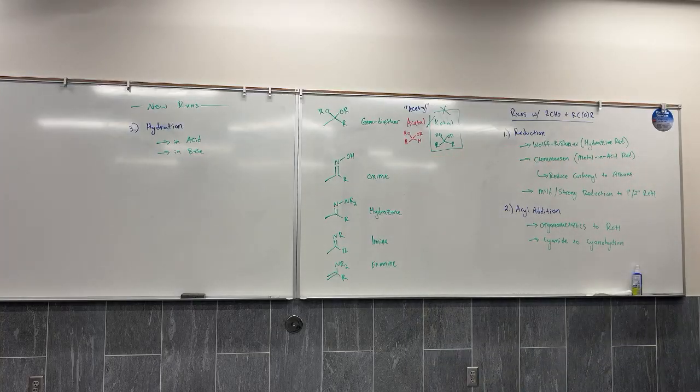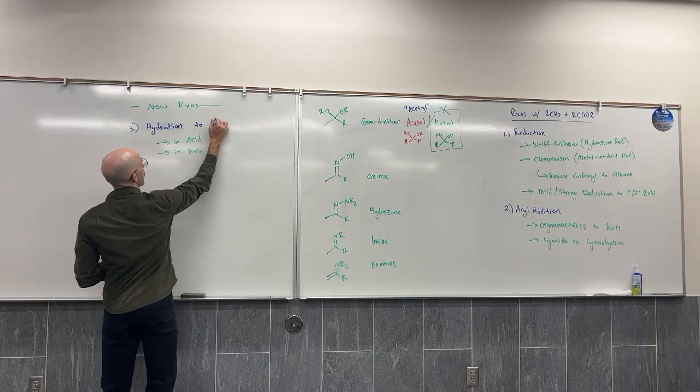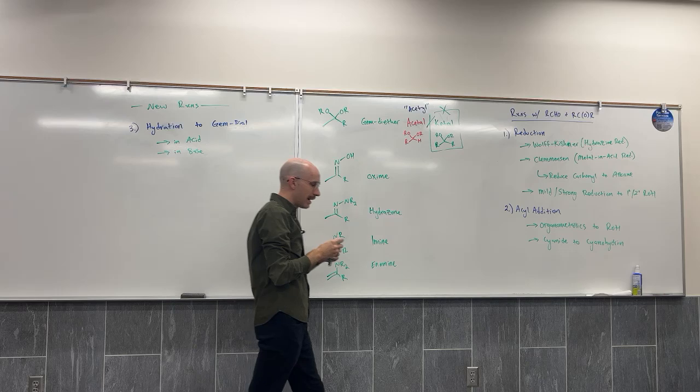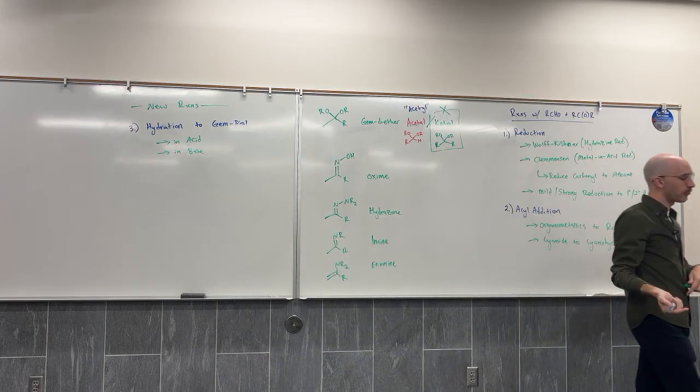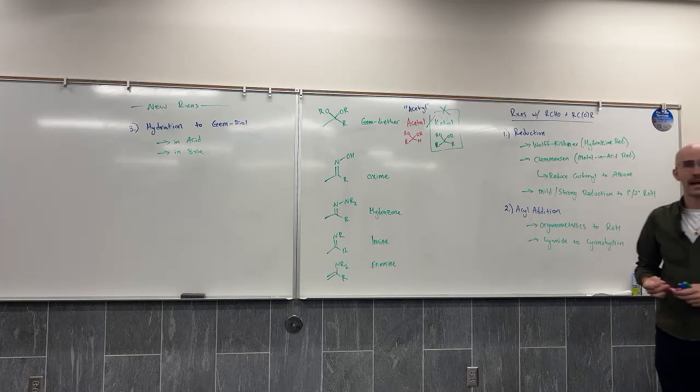Take a carbonyl, add water across it, form a geminal diol. Keep in mind, this is just the reverse of what we saw on the front side. Geminal diols can be hydrolyzed back to their carbonyls. Carbonyls can be hydrolyzed into a geminal diol. This is an equilibrium reaction.